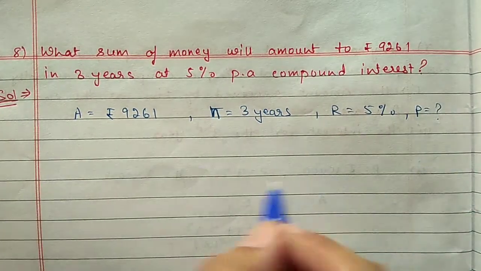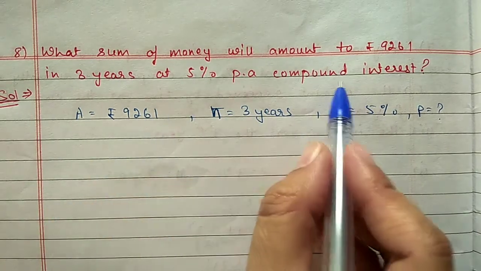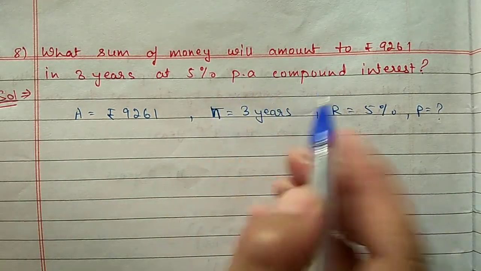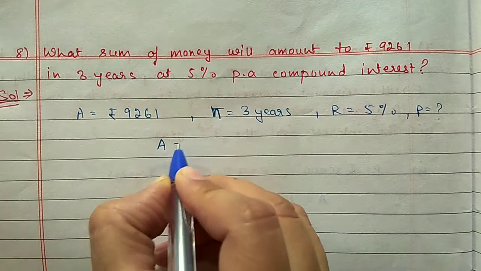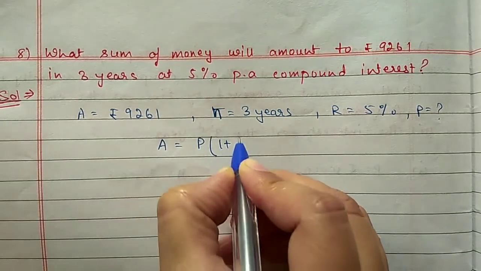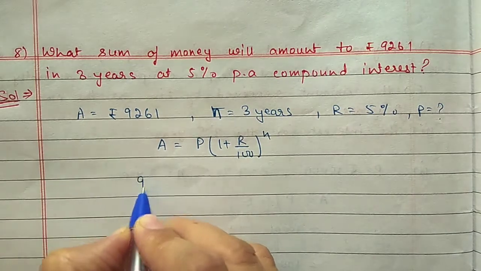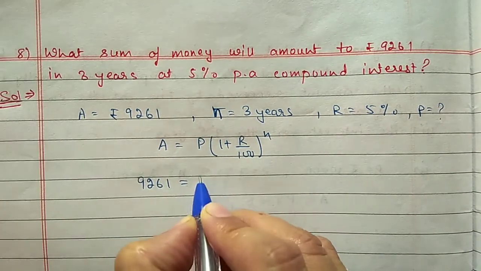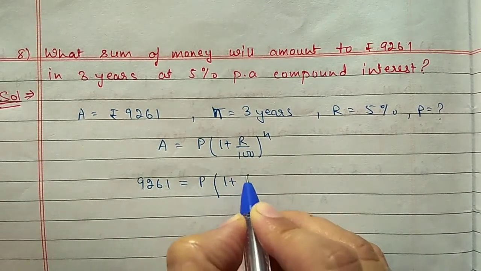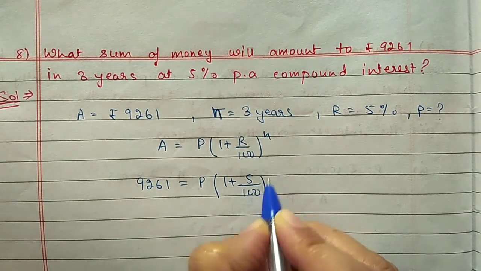So we'll use the same formula. It is compounded yearly. So we'll use A is equal to P (1 plus R by 100) to the power n. Amount is given: 9261 is equal to P (1 plus 5 by 100) to the power 3.